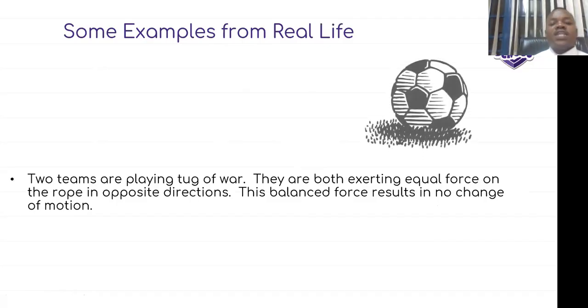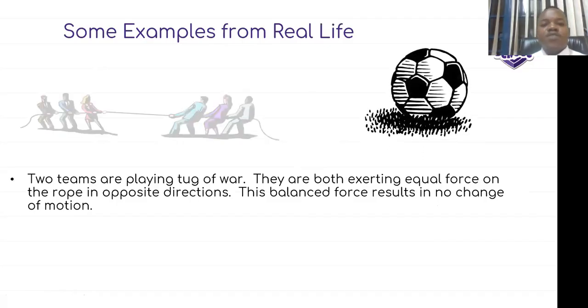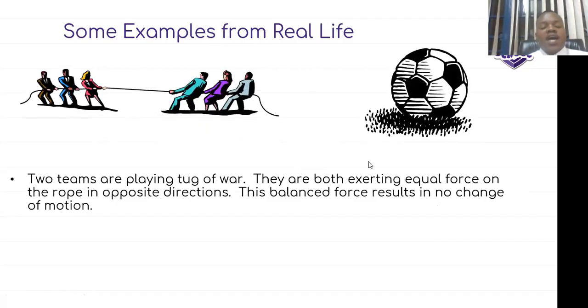Now, let us look at some examples in real life where we talk about Newton's first law of motion. Let us look at these two teams, playing a tug of war.